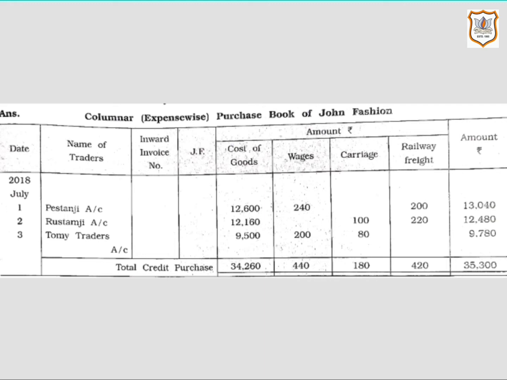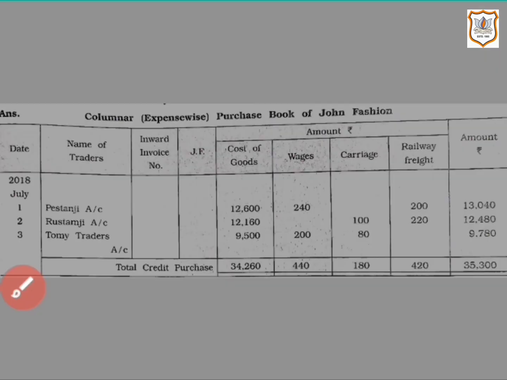So wages account, carriage account, and railway freight account will be drawn. Then we will prepare our creditors' accounts, that is P.N.AMERSEY's account, Rustomji's account and Tommy Traders account.